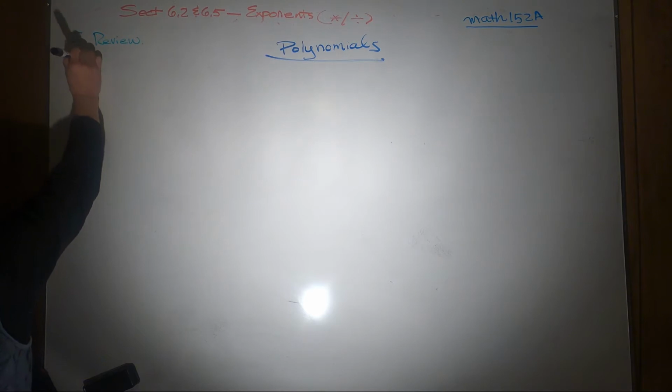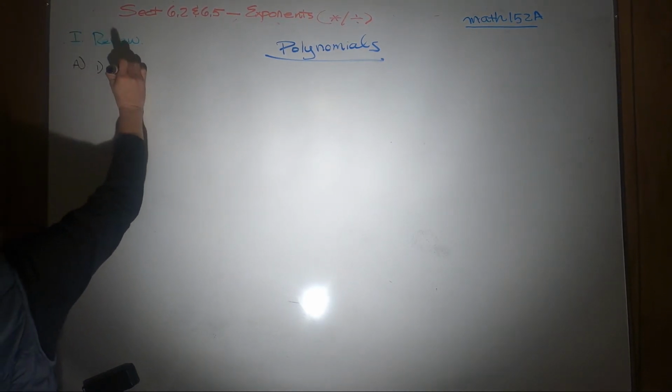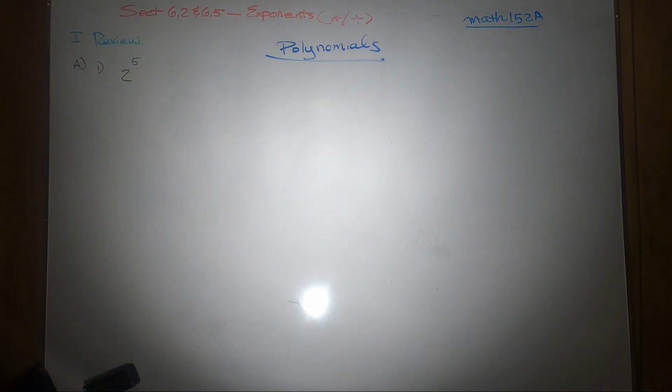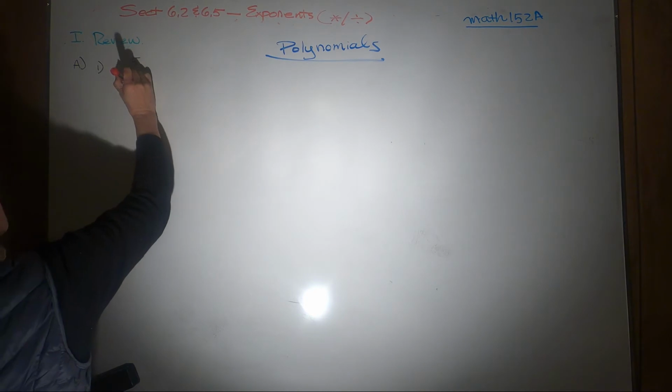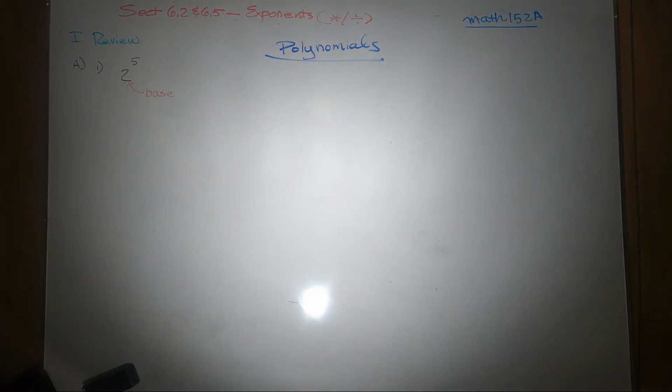Let's just review it. So if we write it this way, 2 to the 5th, right? We did it in section 1.4 earlier. So the bottom one we'll call what? A base, right?